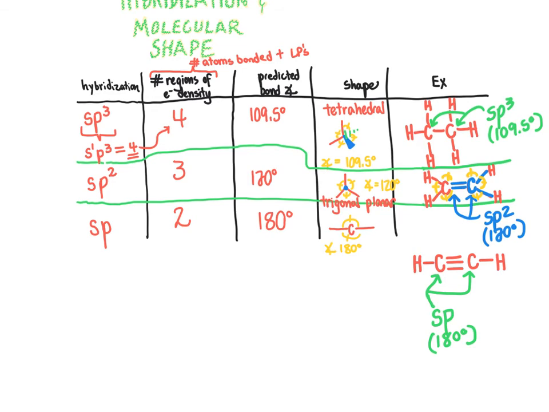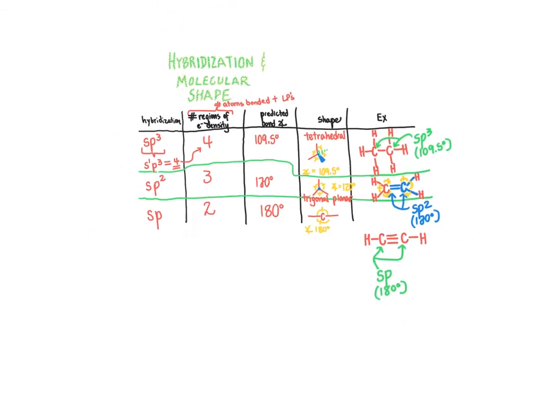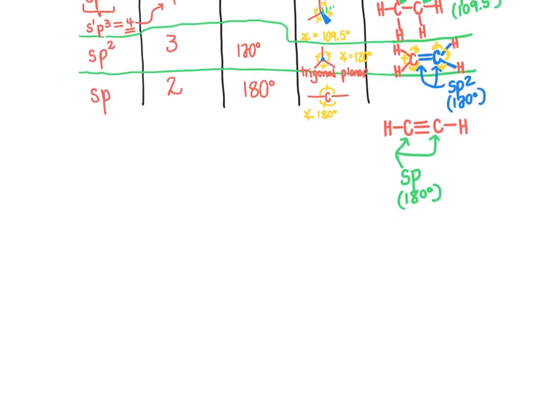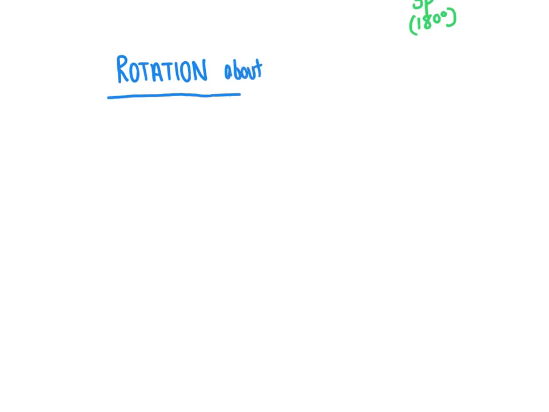And that is when we think about carbon-carbon single bonds relative to double bonds and triple bonds, in addition to having differences in the shape, they also have differences in the rotation, meaning whether we're able to rotate around those carbon-carbon bonds or not to allow the molecule to spin about those different bonds. So we're going to look at rotation about bonds.